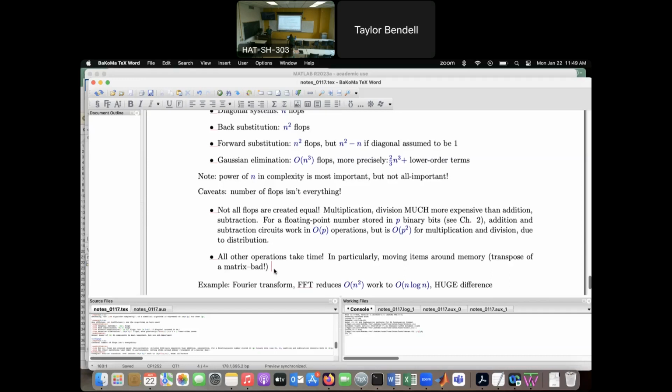Here's another. How many times in an algorithm might we be doing something like an exponential or a square root? That doesn't count as one flop. Think about how those are being carried out. Exponential, for instance, would be doing something along the lines of a Taylor expansion. So each exponential, square root, sine or cosine is a lot of flops.